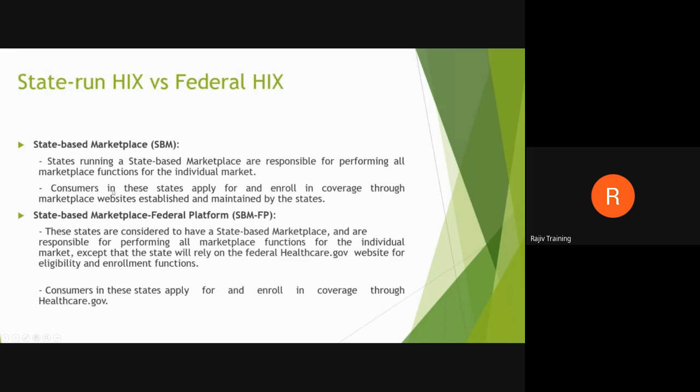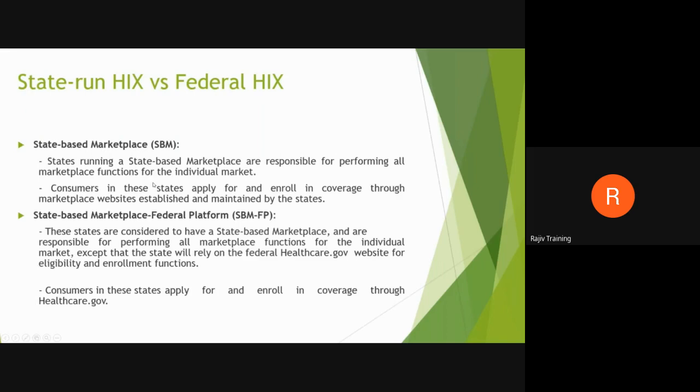Next, let's try to understand more about the state-run HIX versus the federal HIX. What is a state-run HIX or federal HIX? State-based marketplace, also called SBM. Those states running a state-based marketplace are responsible for performing all marketplace functions for the individual market.